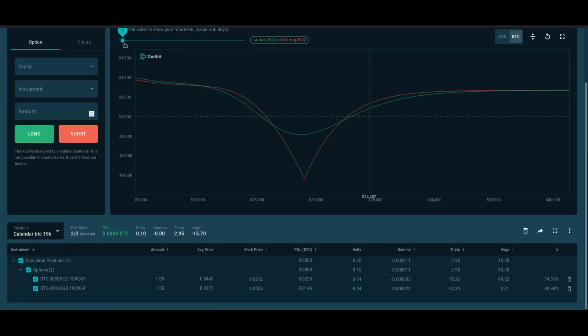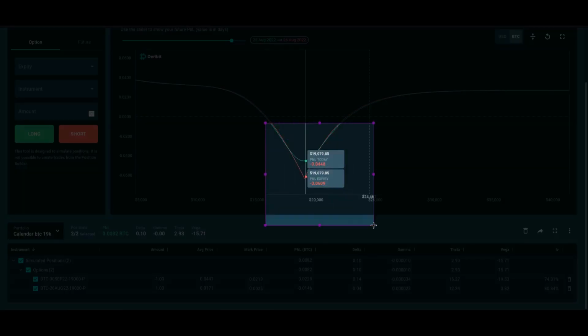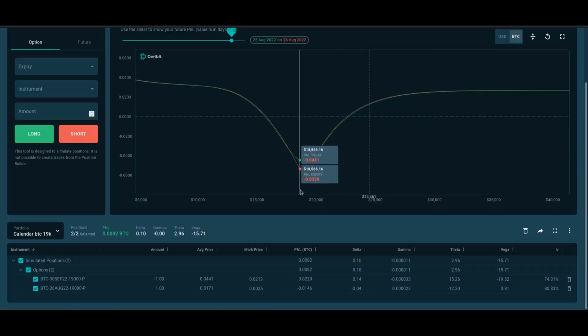So if we scroll to our date, we can see how our current PNL today, as it is called on this platform, will get closer and closer to the expiration date results.